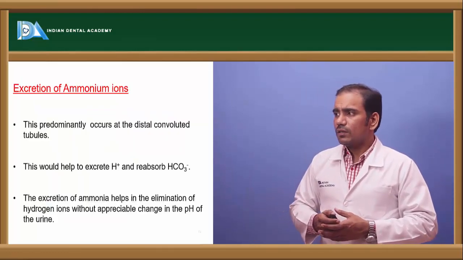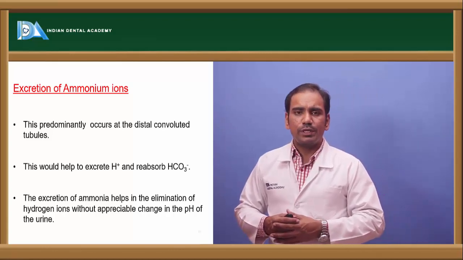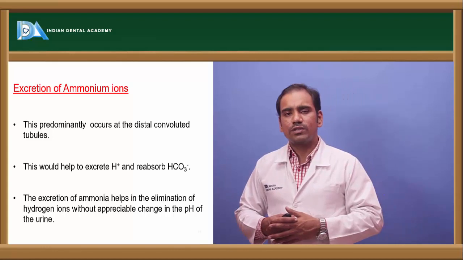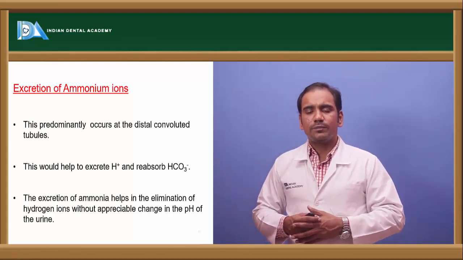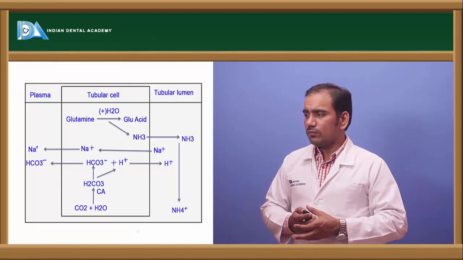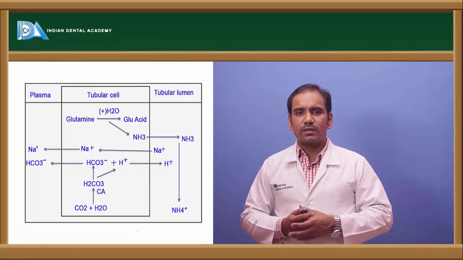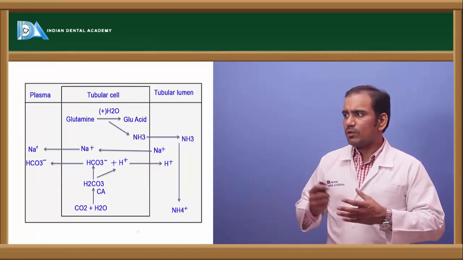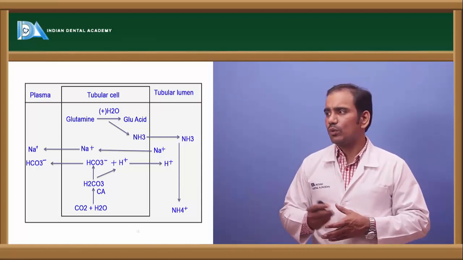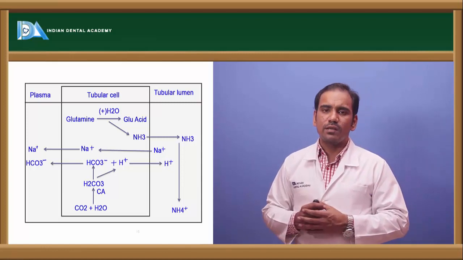Right. Coming to excretion of ammonium ions. This also occurs in the distal convoluted tubule cells, the DCT cells. Here you can see the mechanism. There is one enzyme called glutaminase, which acts on glutamine and converts it into glutamic acid with the release of ammonia.